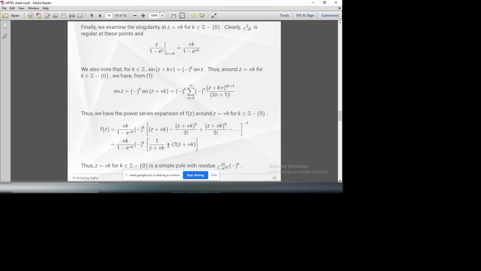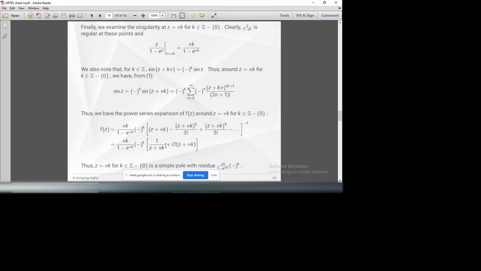There are no terms with power 0. So this is the series expansion with the negative power 1 and positive powers starting from plus 1.